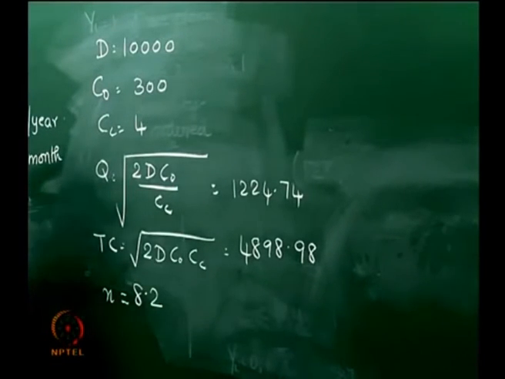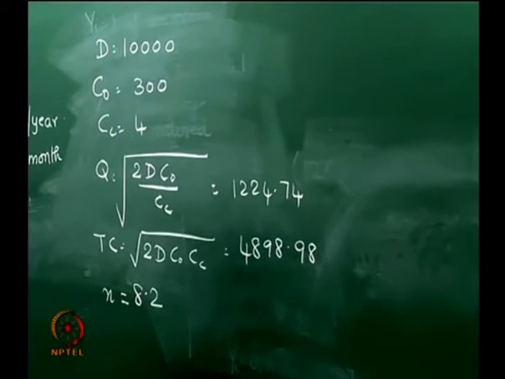So let us call the ordering frequency per month, how many orders is 12 divided by 8.2, which is roughly about 1.5.